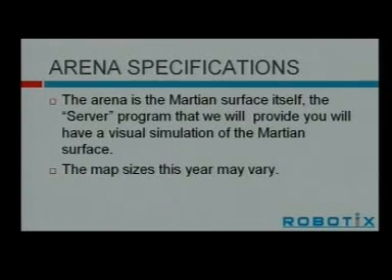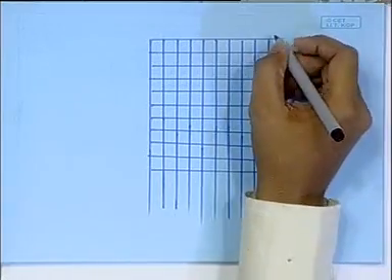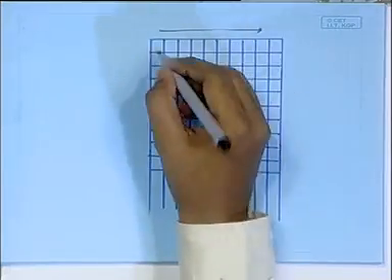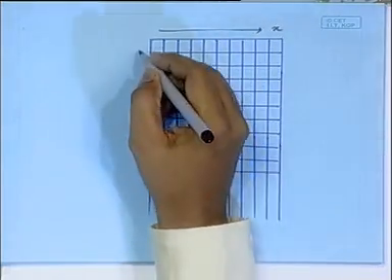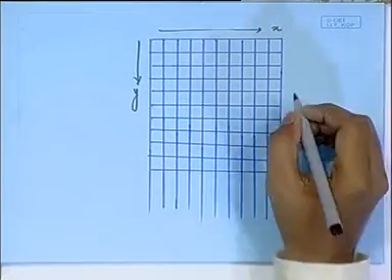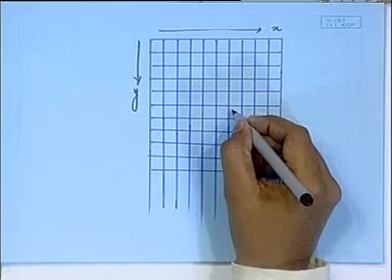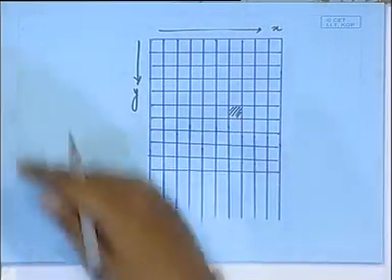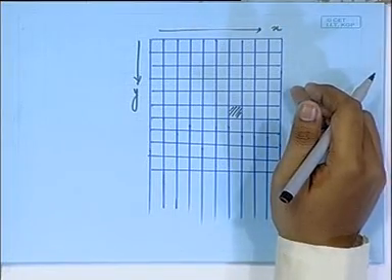We will take as an example a map of 600 cross 600. If you have a 600 cross 600 map, that basically means you have 600 grids, these squares, in the x direction and 600 squares in the y direction. So your robot starts somewhere in one of the grids, and then starting from there it has to uncover as many squares, as many grids as possible.